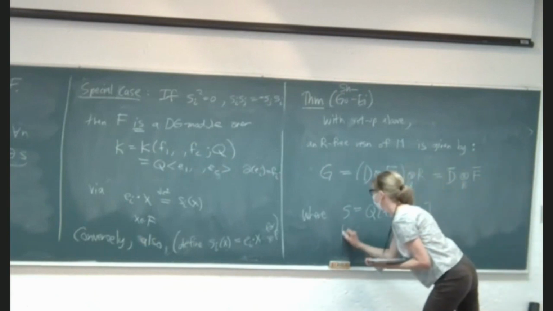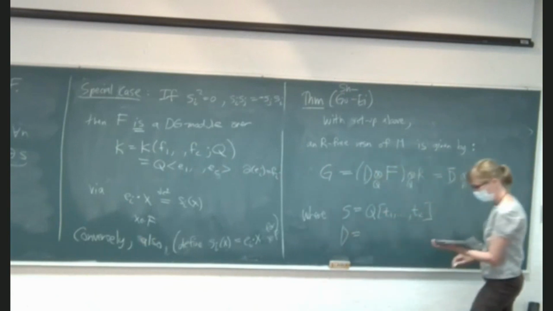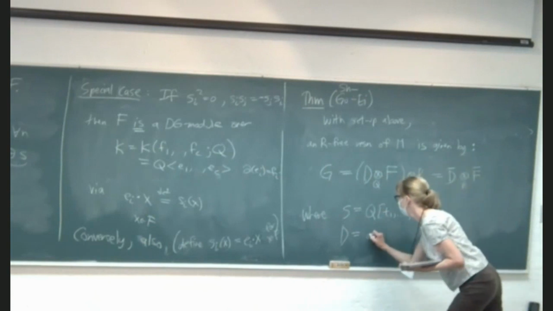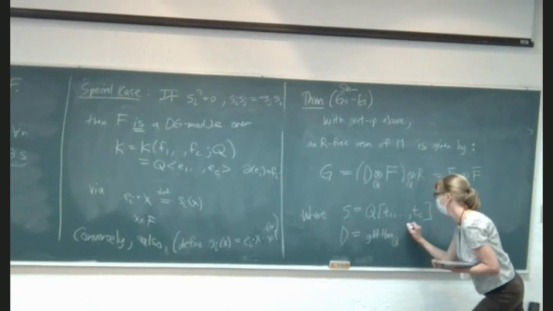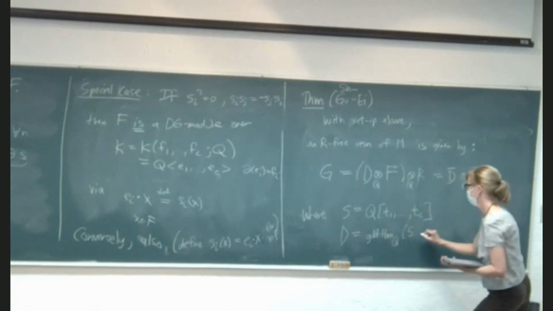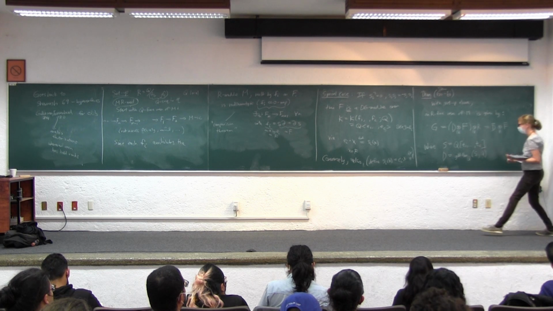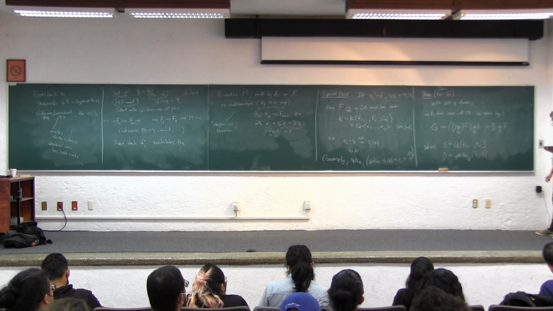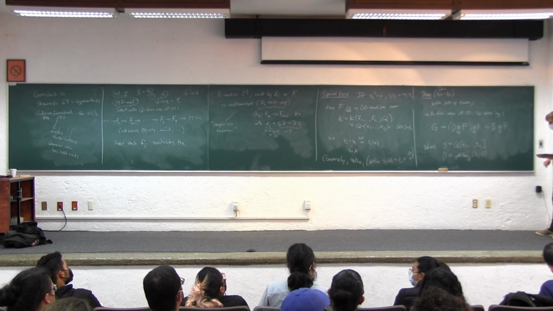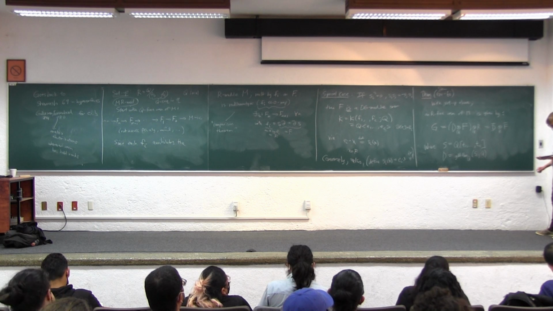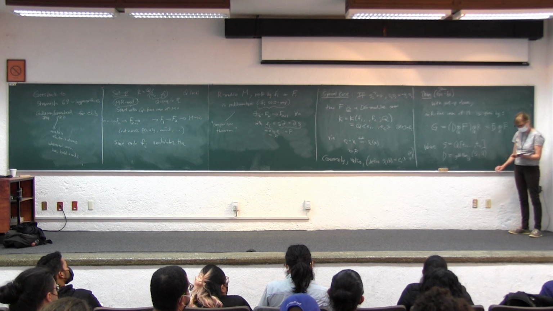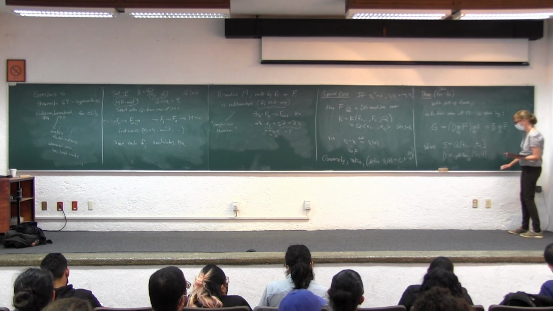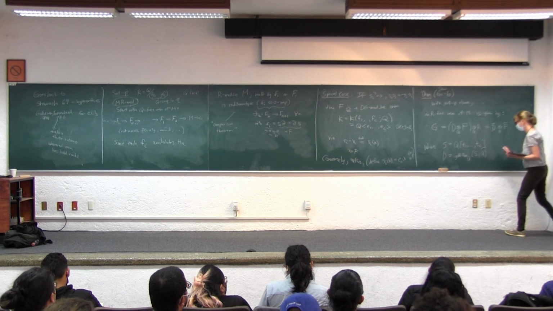And then D is the graded Hom over Q from S into Q. So it's the dual of S. Okay, this is actually the divided powers.